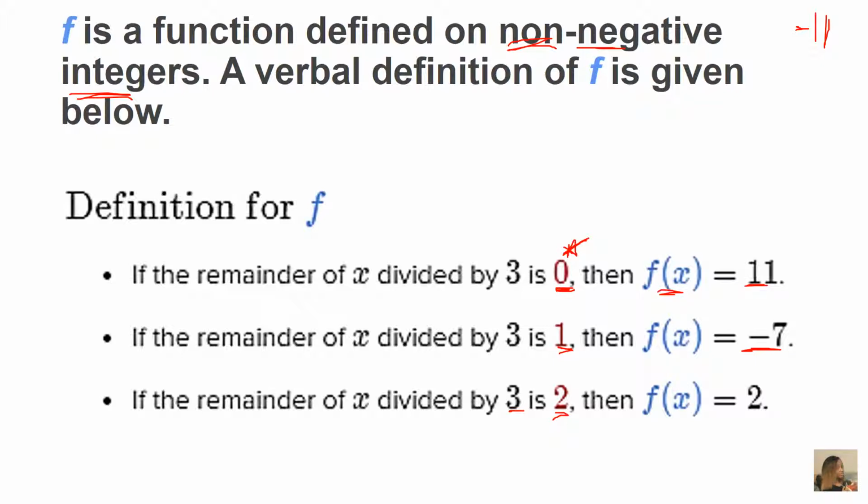The second defining parameter is that if the remainder of x divided by 3 is 1, then f of x is equal to -7. And also, if the remainder of x divided by 3 is 2, then f of x equals 2. Okay, so these are 3 defining parameters that we're told about the function f.